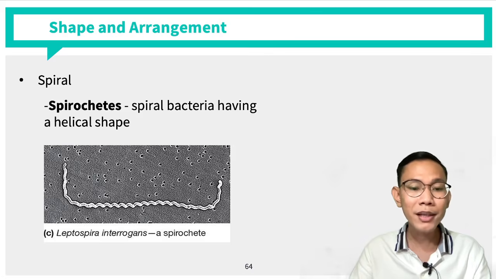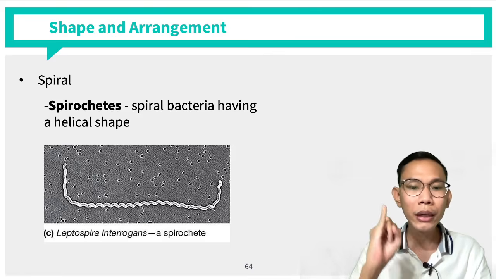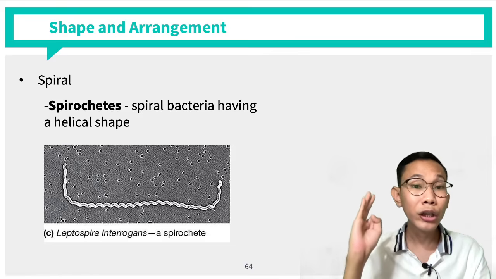So these filaments run through the length of your bacteria, thus help in the twisting motion of your bacteria. So examples of your spirochetes, remember your TBL, your Treponema, your Borrelia, and your Leptospira. So remember that three that belongs to your spirochetes. They are spiral bacteria having a helical shape. Tatlo yan ha, TBL, your Treponema, your Borrelia, and your Leptospira.